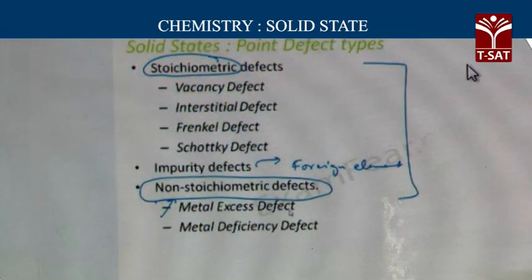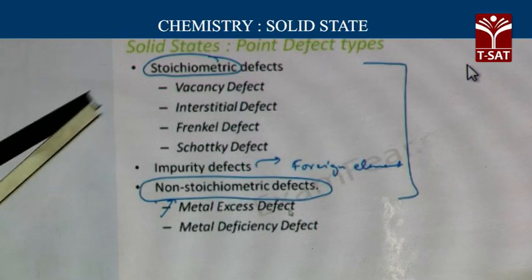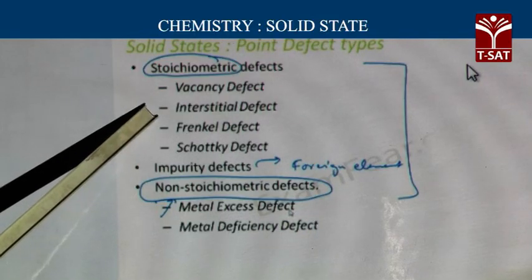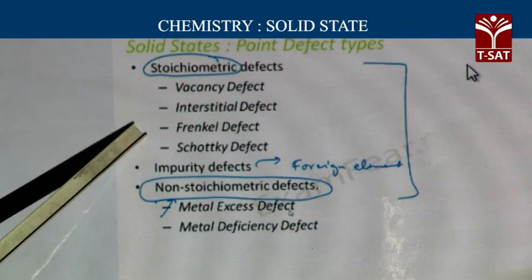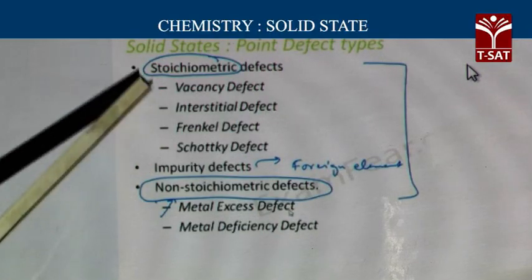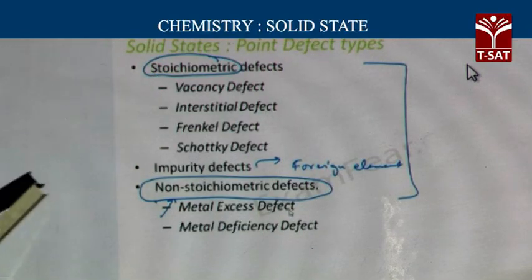Point defects are stoichiometric defects. Again, stoichiometric defects are classified into vacancy defect, interstitial defect, Frenkel defect and Schottky defect. All these are stoichiometric defects.